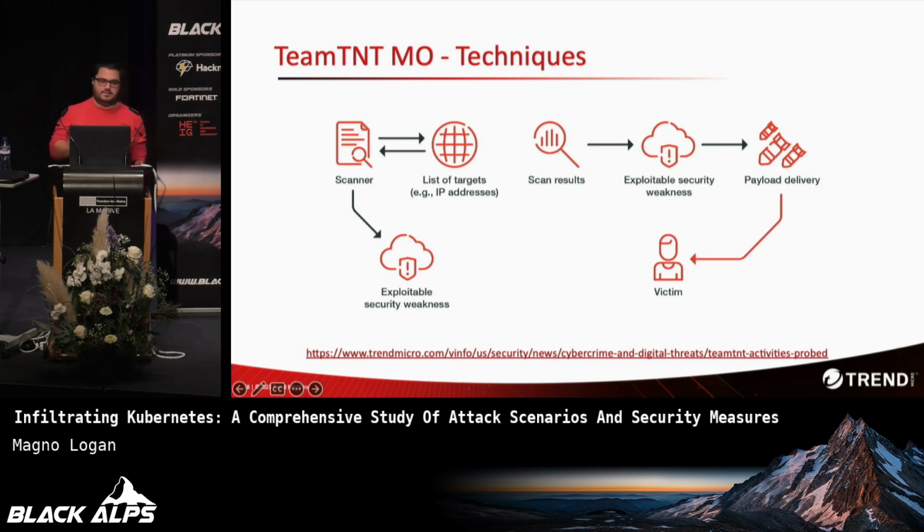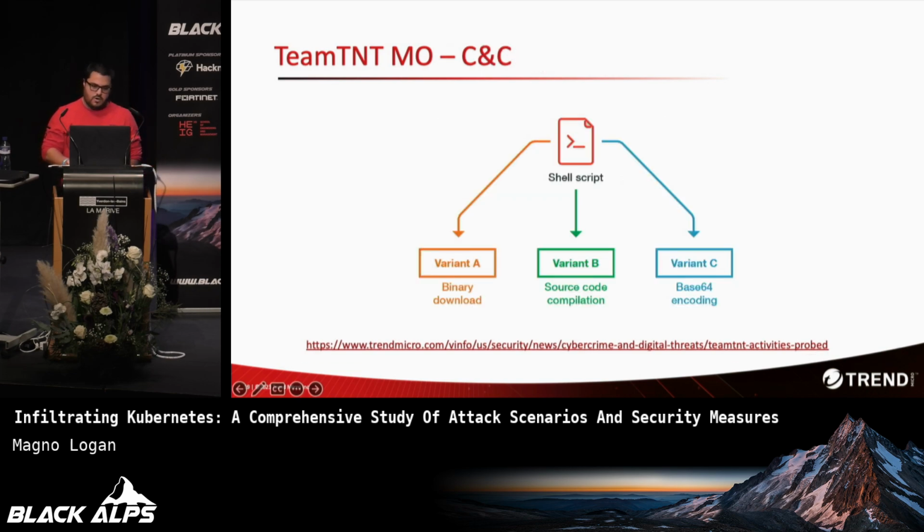How did we find this? How we were able to describe this in such detail was because we found one of their command and control servers and were able to access and download a bunch of the files that were available there. One of these files was a shell script for their whole attack. Inside this shell script, it had the C2, this command and control, which they used as an IRC bot, right?